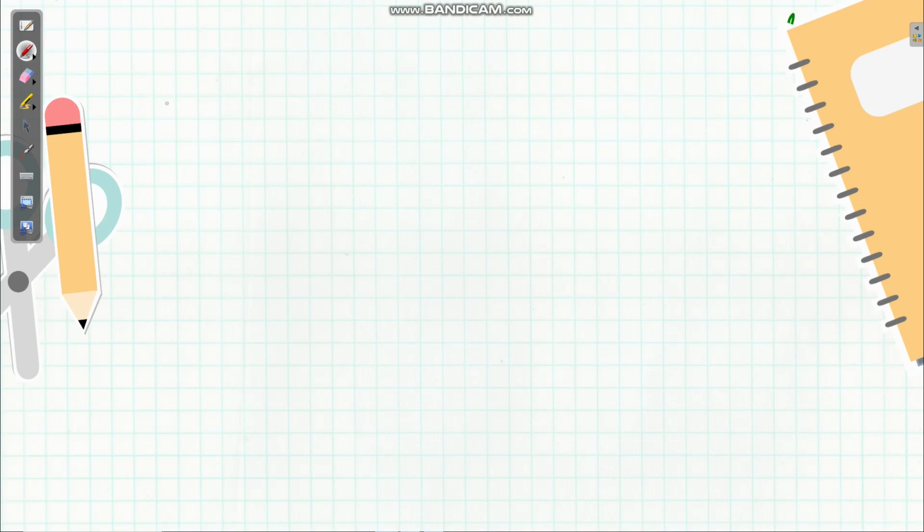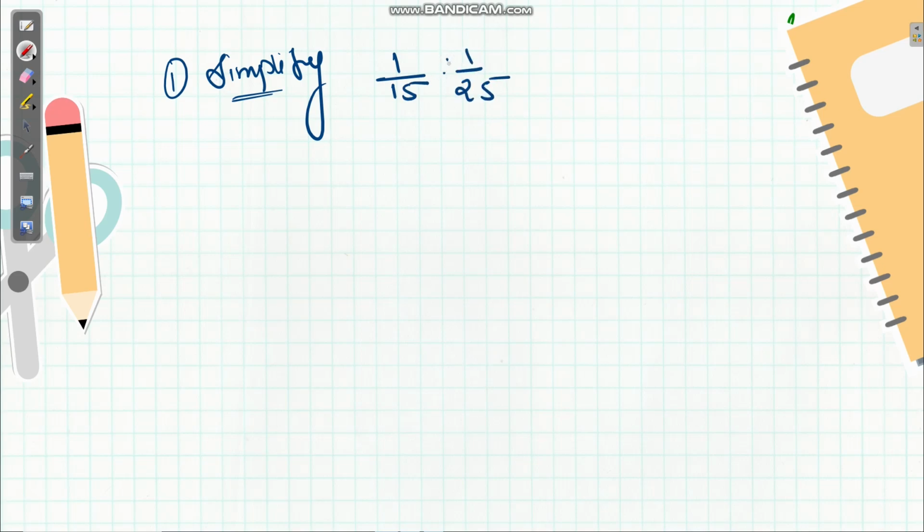So one more type of question that you will get is simplifying ratios. The question will be like this: 1 upon 15 is to 1 upon 25. Now it might look very difficult to solve. We have denominators and we have fractions. The best way is to take the LCM of the denominators. The LCM of 15 and 25 is that one number which comes in the table of 15 as well as 25.